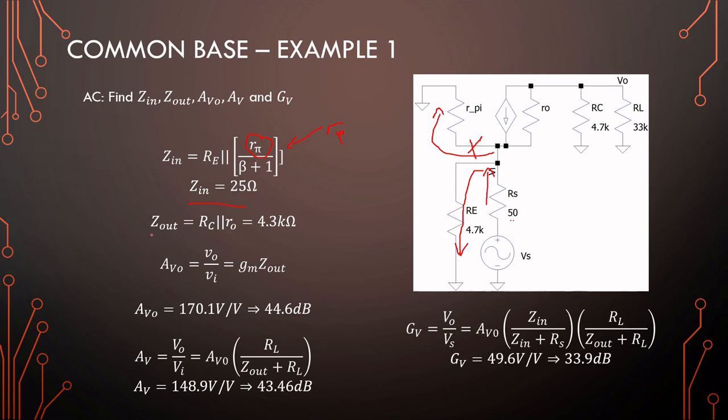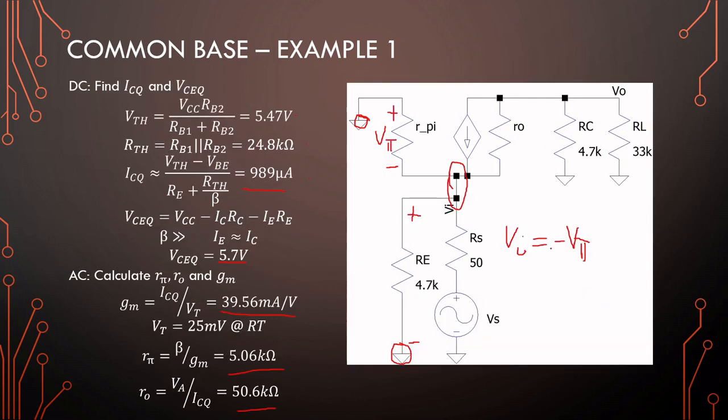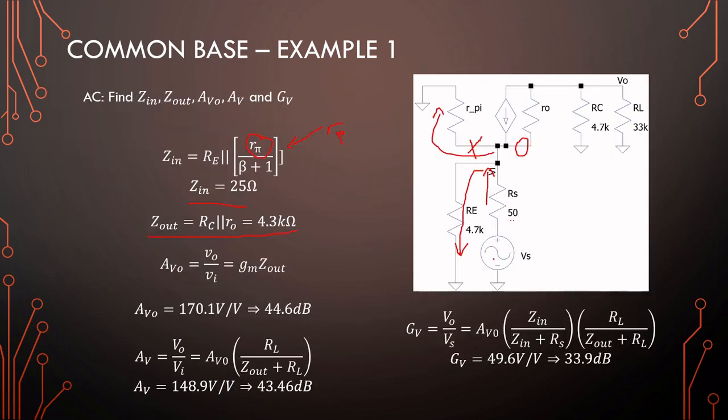Okay, so Z out remains the same, RC parallel to R out, that being our virtual ground. And by applying the previous equation with transconductance and knowing that V pi is minus V in, this became positive.